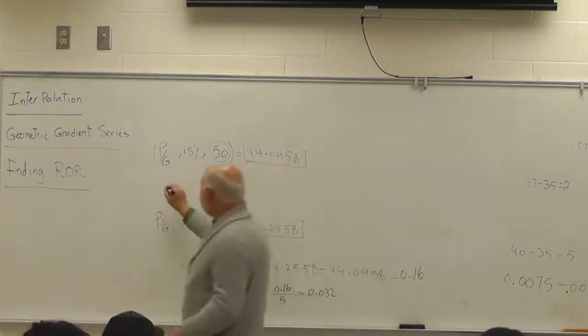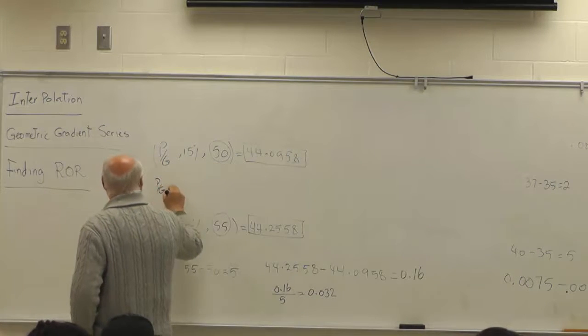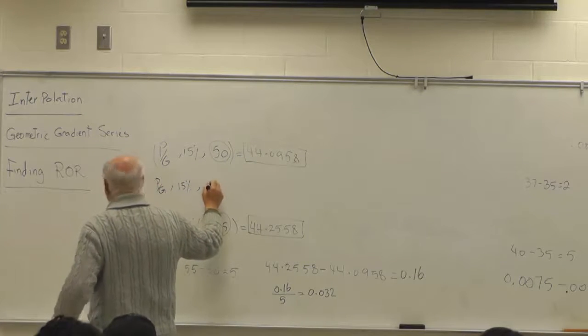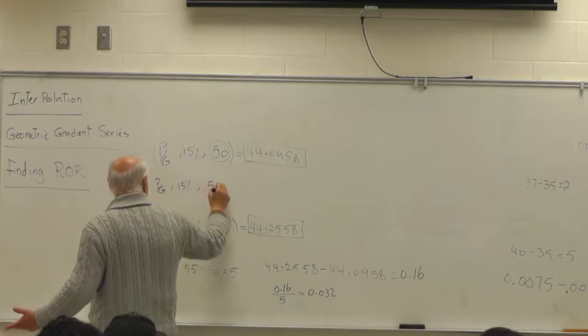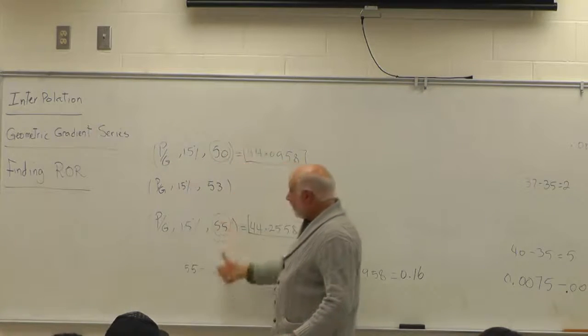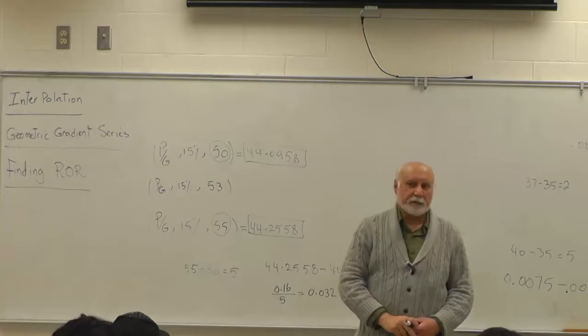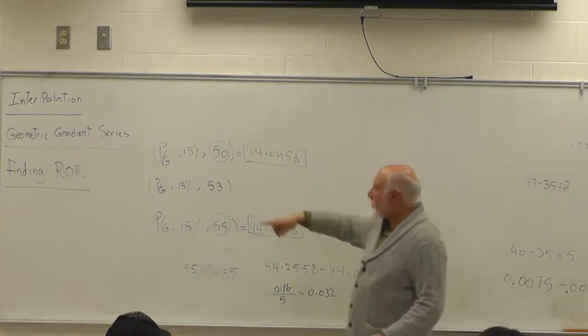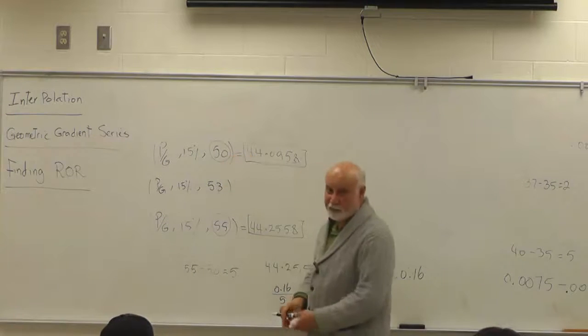What are we looking for? We are looking for P given G, 15%, and 53 years. Okay. You can go this way or that way. Which one would you like to do? Down. Okay. So I'm going from 50 to 53.